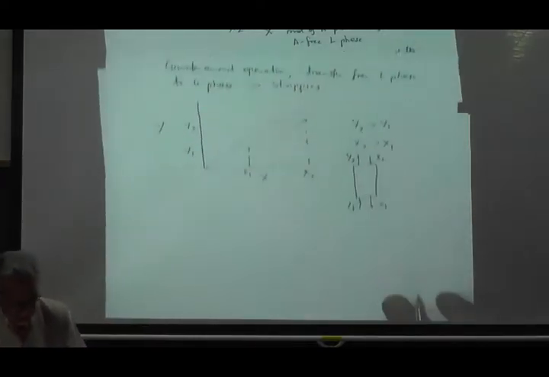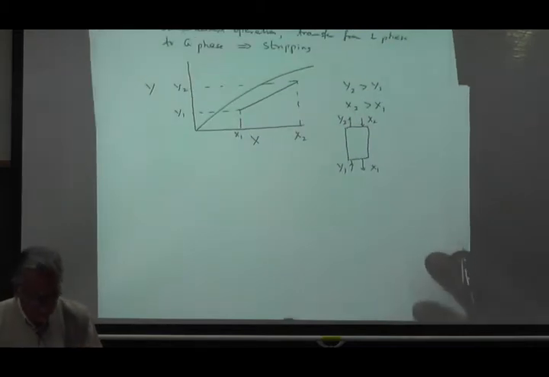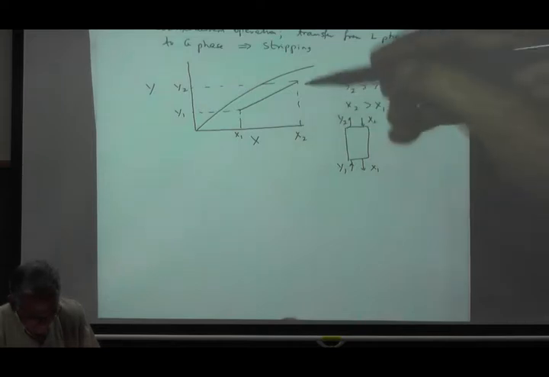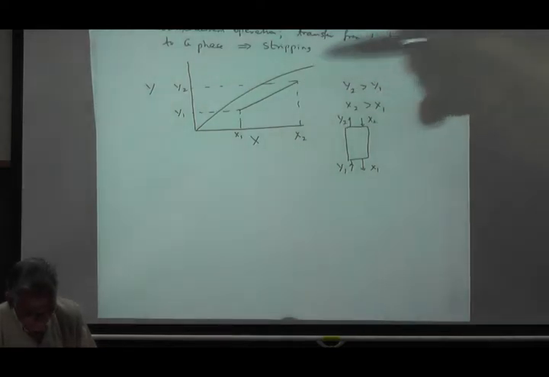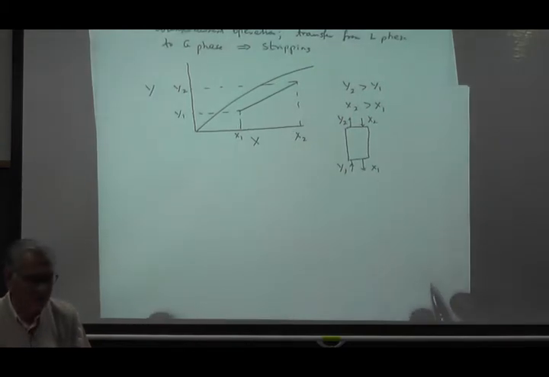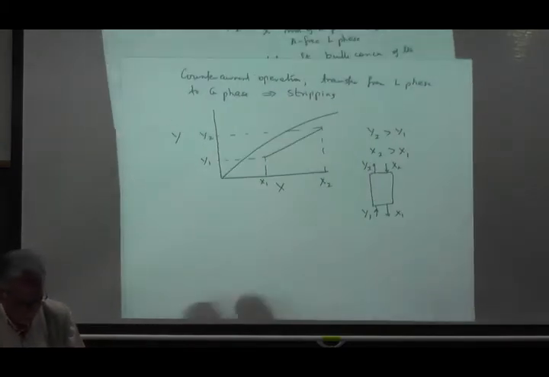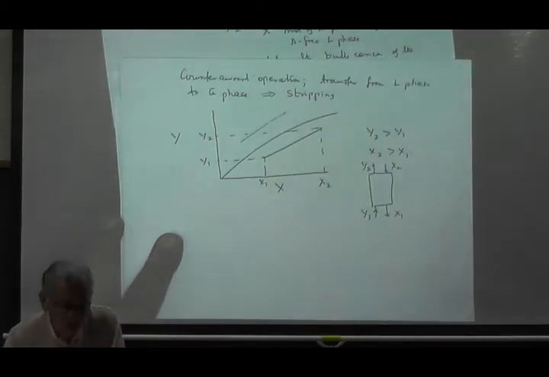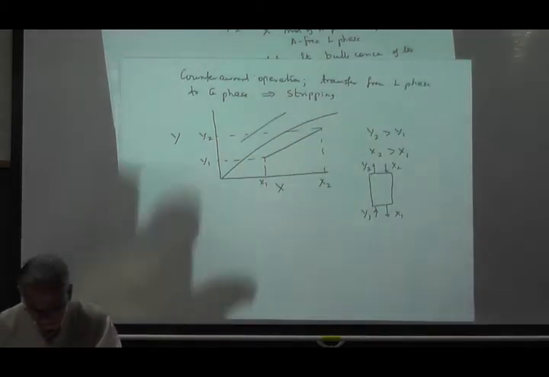Basically the solute is being transferred from the liquid phase to the gas phase. So your x2, y2 are here and x1, y1 are here. The slope still remains the same. So this is for stripping, and the absorption case is just as we discussed just now.